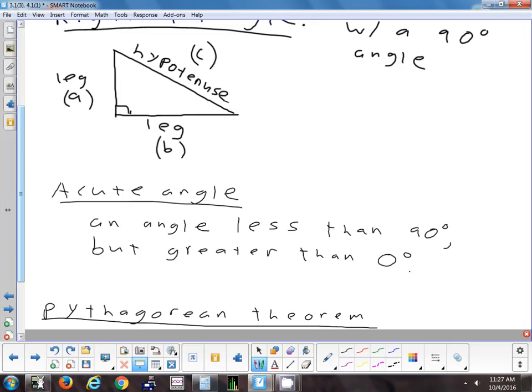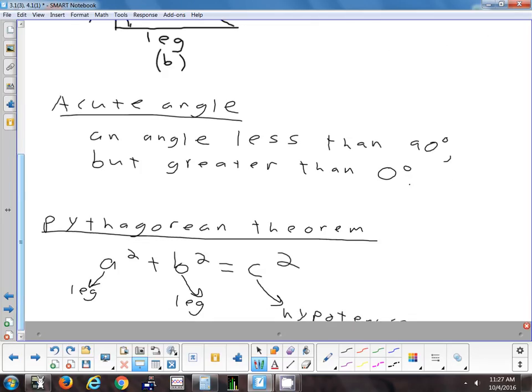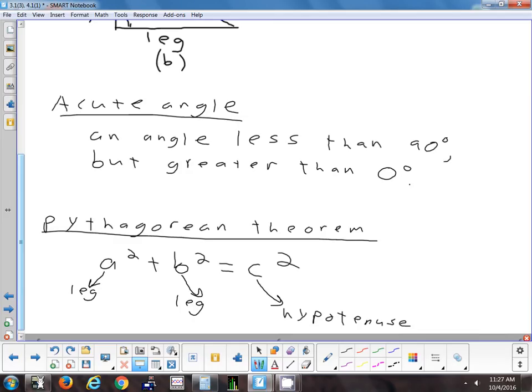C is the hypotenuse. So the Pythagorean theorem is a relationship between the sides of a right triangle. It basically says that if you take one leg and square it, plus the other leg and square it, that's equal to the hypotenuse squared. You can call the sides A, B, C, X, Y, Z, call them whatever you want. But that's the important idea: square one leg, square the other leg, add them up, and set it equal to your hypotenuse squared.